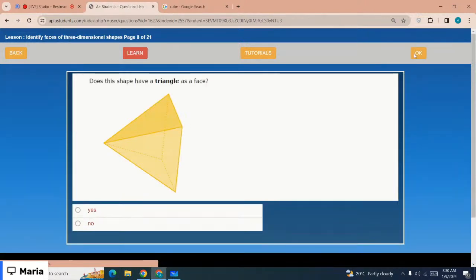The correct option is no. Does this shape have a triangle as a face?